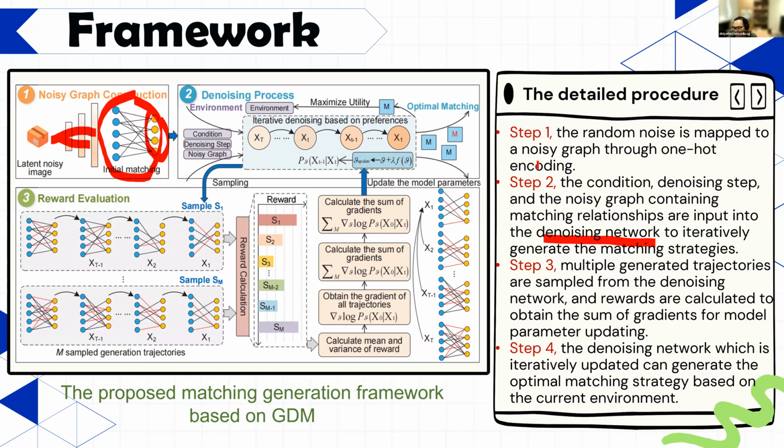And this sum of the gradients will be used to direct the best matching that is able to generate the maximum objective function. In step number 4, the denoising network, which is iteratively updated, can generate the optimal matching strategy based on the current network environment.